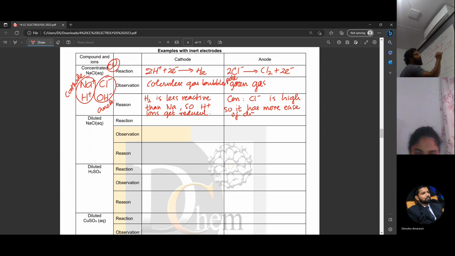The concentration factor again: you always say, according to the ease of discharge table, this one has more ease of discharge.